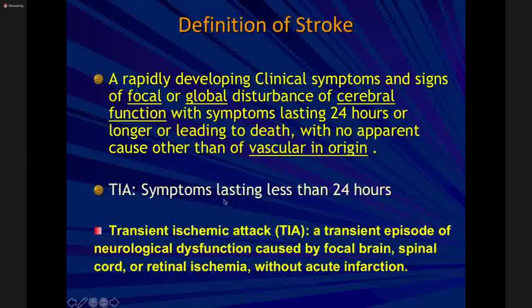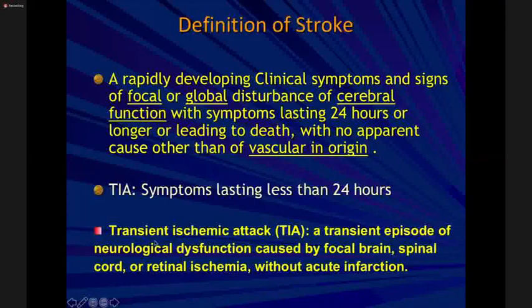If you are not using MRIs, you could call it a transient ischemic attack if symptoms settle within 24 hours. But many weaknesses that have lasted more than 1 hour are left with infarcted cells. They actually are strokes, though they have improved within 24 hours.